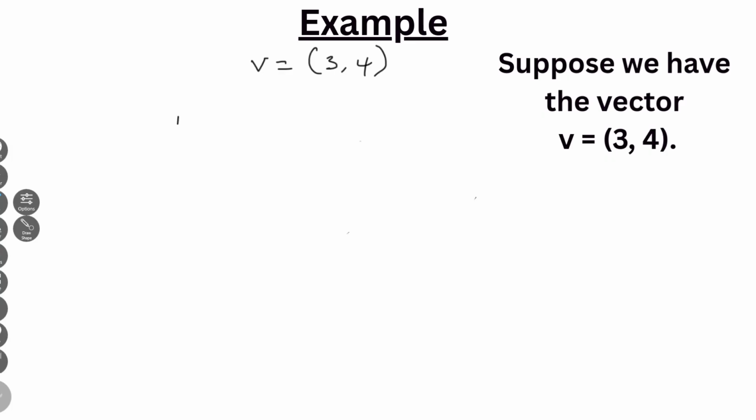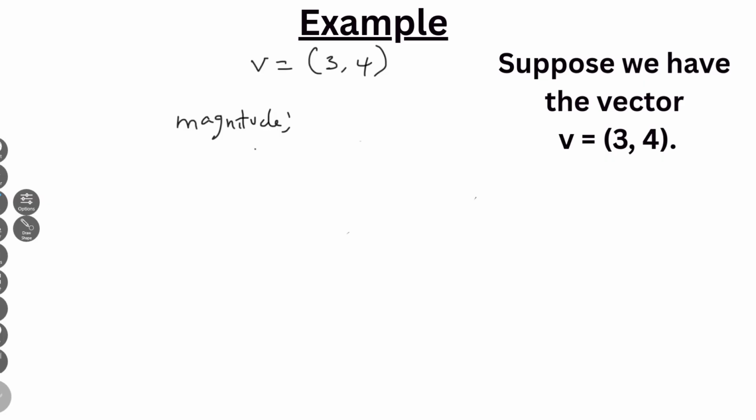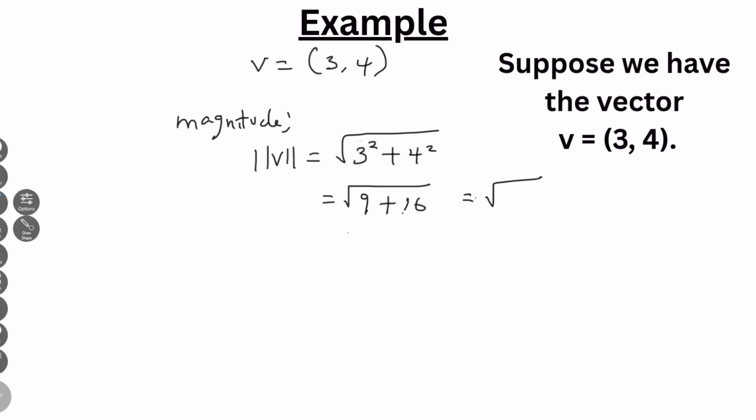To find the magnitude of the vector, magnitude of V equals the square root of 3 squared plus 4 squared. 3 squared is 9, plus 4 squared is 16. So the square root of 9 plus 16 is the square root of 25, which is 5. So therefore, our magnitude is 5.